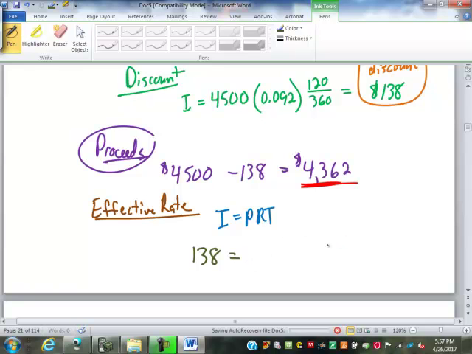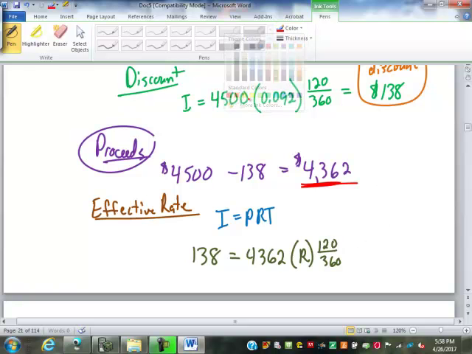The principal, however, is no longer $4,500. We're going to use the 4,362. We are looking for the rate. The time is still the 120 over 360. So the first thing we have to do is combine those two numbers.